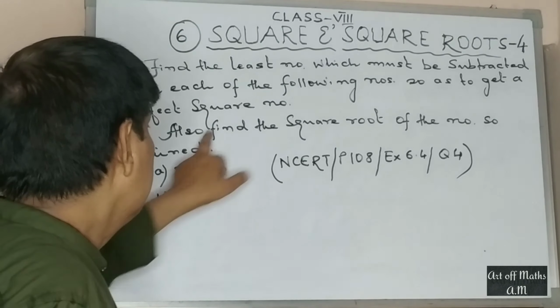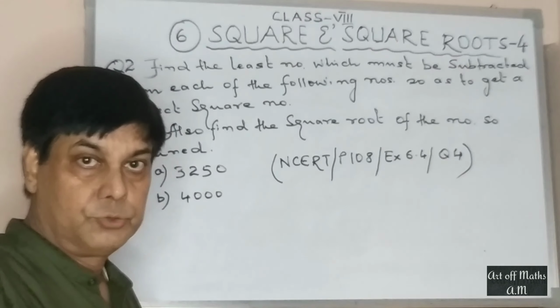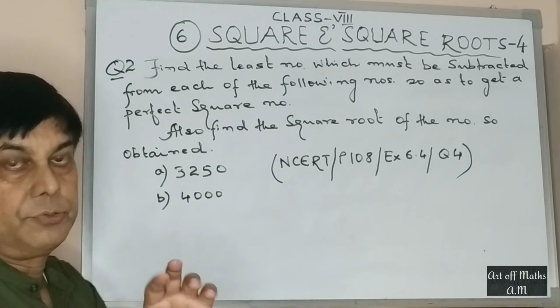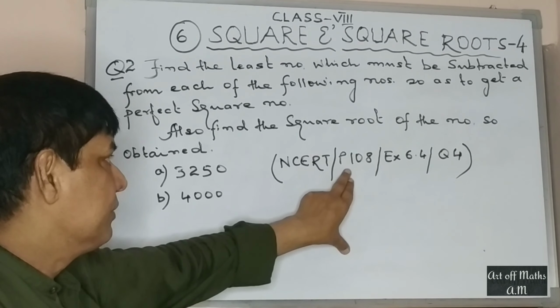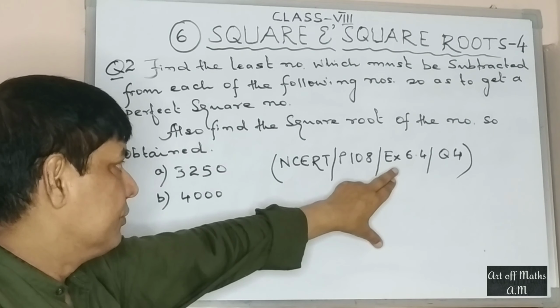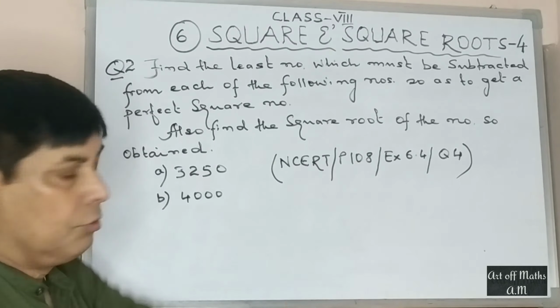Also, find the square root of the number so obtained. उनका स्क्वायर रूट भी निकालना है. जो परफेक्ट स्क्वायर बनेगा उसका स्क्वायर रूट. Now, this question is taken from NCERT, page number 108, exercise 6.4, question number 4. Very interesting and very easy also.